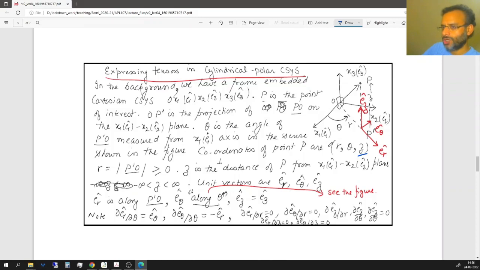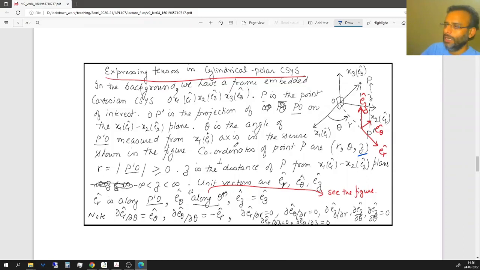ER is along the vector P prime O. It is a unit vector and its direction is decided by the direction of this vector P prime O. E theta is perpendicular to ER and lies in the plane of x1, e1, x2, e2, and it is oriented in the direction in which theta is increasing. And Ez is identical to the E3 unit vector of my background Cartesian coordinate system.